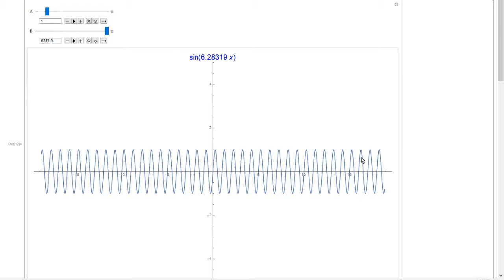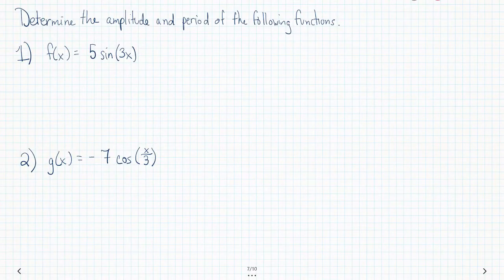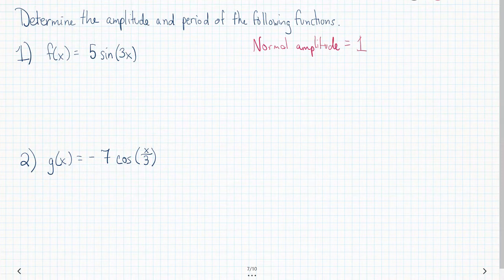So how do we work overall with these things in terms of our graph? Well, we have a normal amplitude, and then our normal period equals 2 pi. All right.